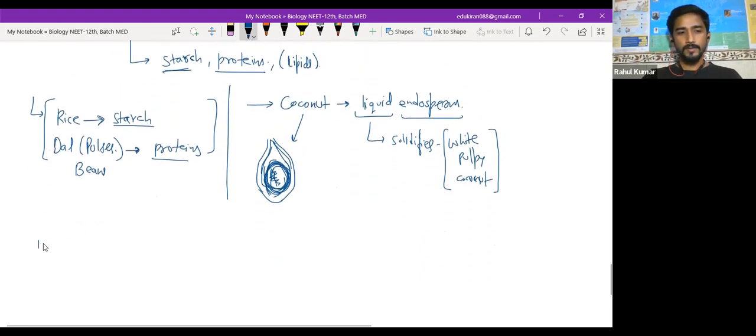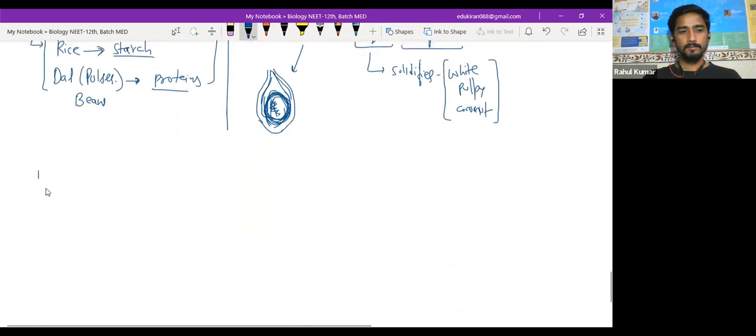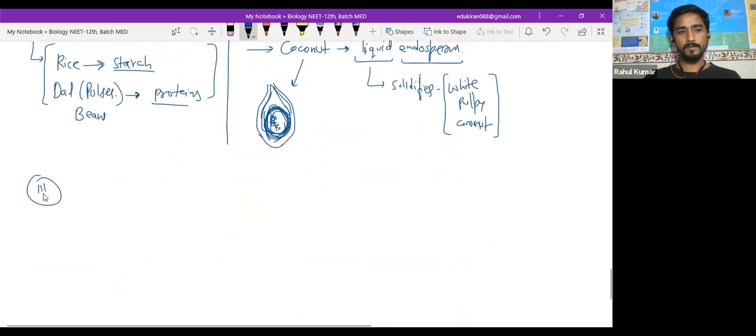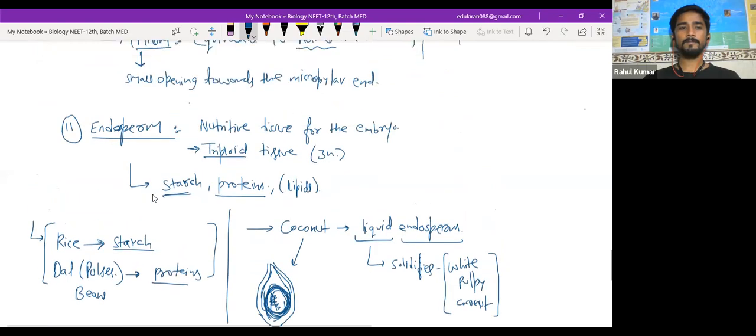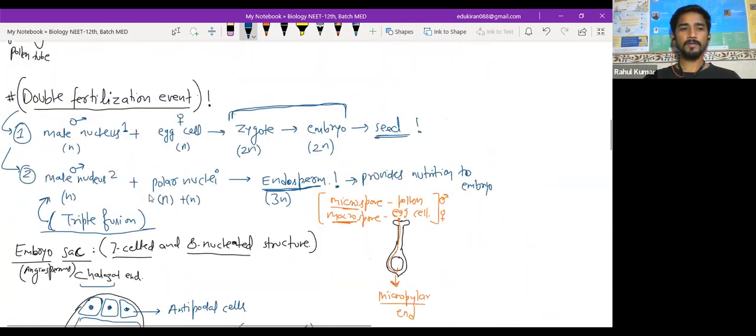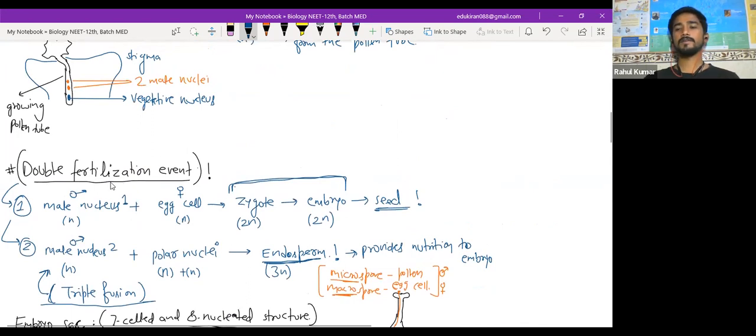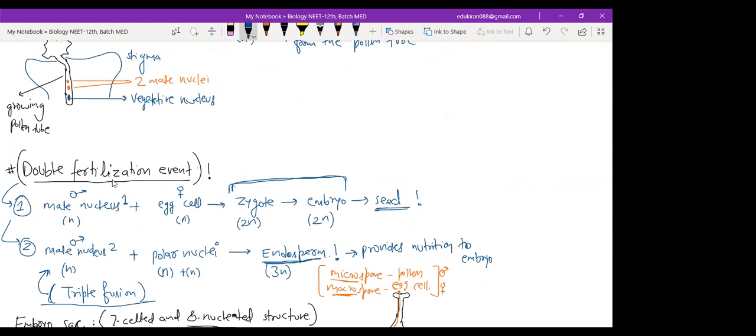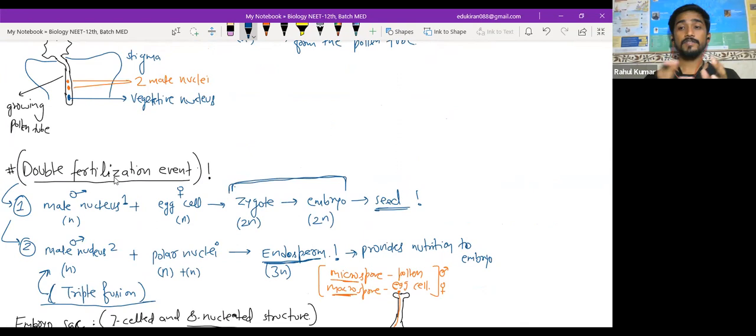Let's come to the most important part of the seed, which is an embryo. And we'll spend some time here. Now, just taking you a little up, everyone. There is something called double fertilization. Remember, in plants, there are two fertilization events which take place in the same female structure.